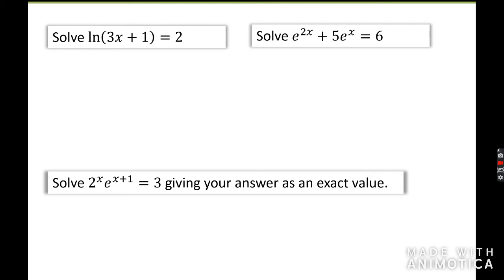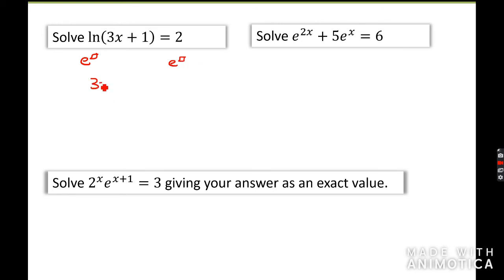Okay. Right. Let's have a quick look at these then, guys. So, log natural 3x plus 1 equals 2. Well, we've got the log on its own on one side, so I need to counterbalance my log natural. So I'm going to e to the power both sides.